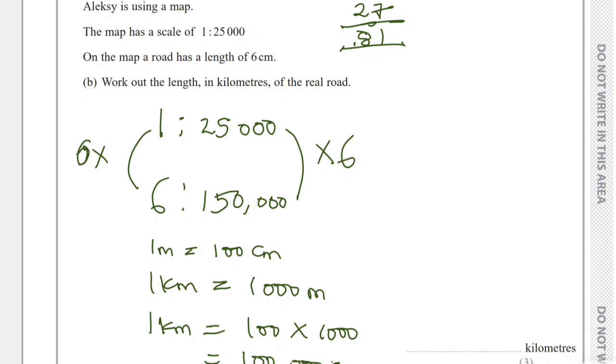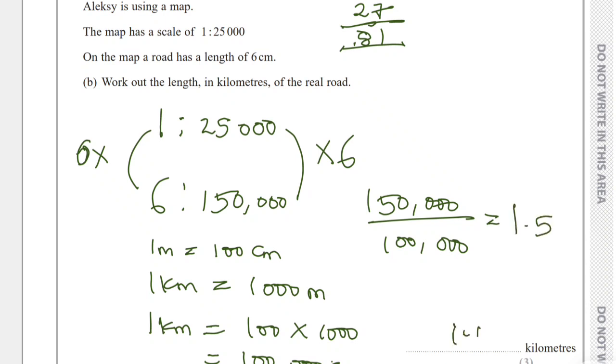Are you with me? So 150,000 centimeters in kilometers is 150,000 divided by 100,000, which equals 1.5 kilometers. So the answer is 1.5 kilometers.